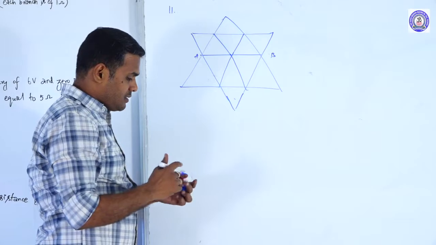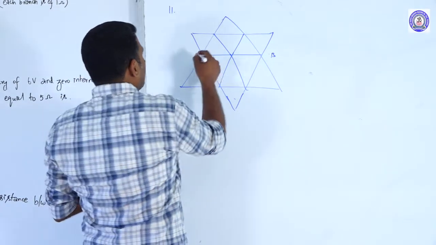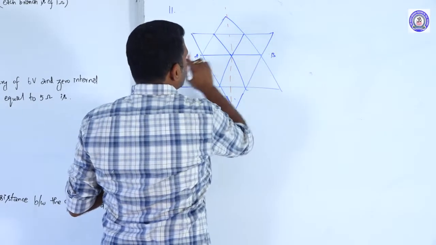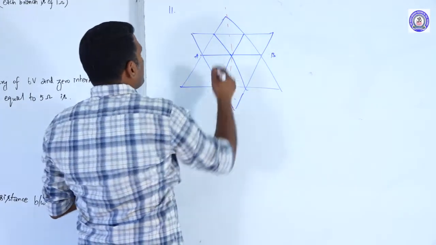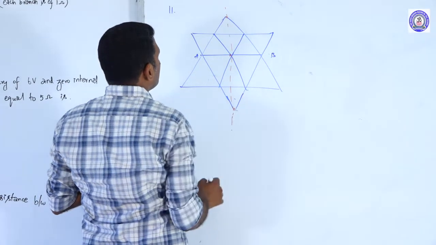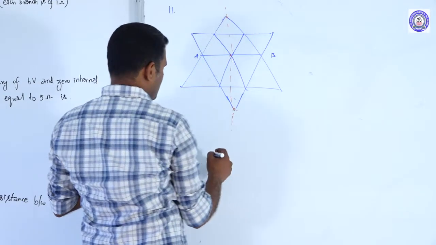All the resistances are of 1 ohm each. We can take a perpendicular bisector for this reference line AB, so that we can say these points are at the same potential. Now the circuit can be reconstructed like this.